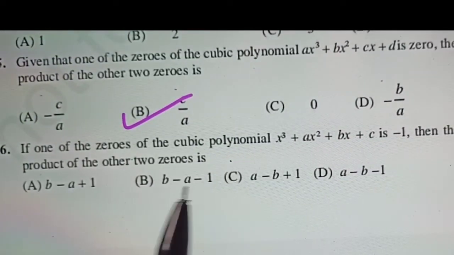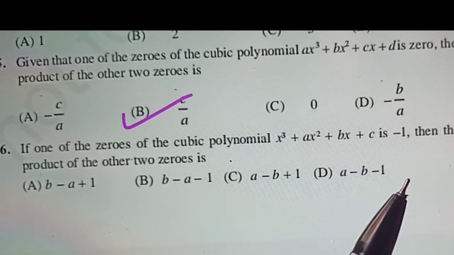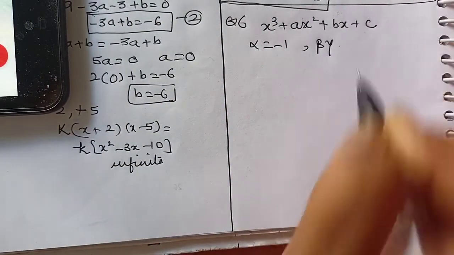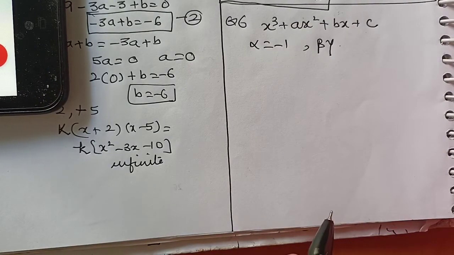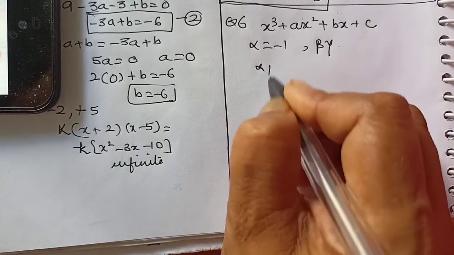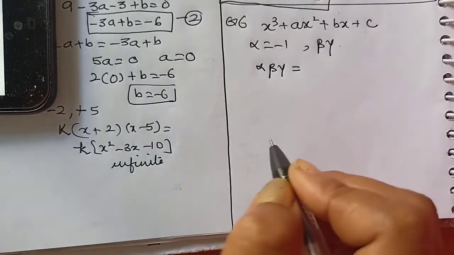It says if one of the zeros of this cubic polynomial is minus 1, then find the product of the other two zeros. Let alpha be equal to minus 1 and we need to find the product of beta and gamma. So for this, let us find the product of all the three zeros, alpha, beta, gamma.